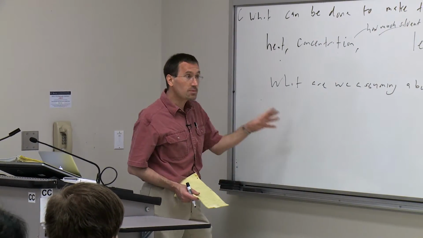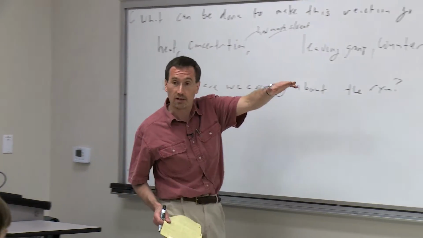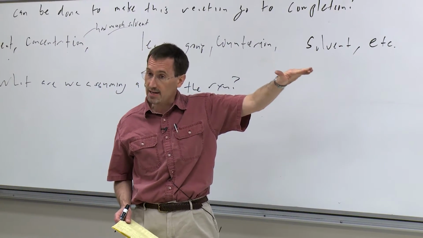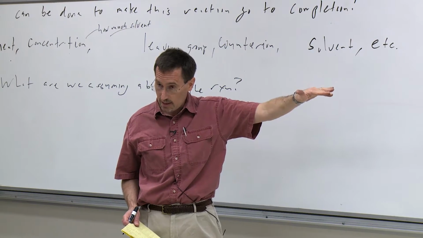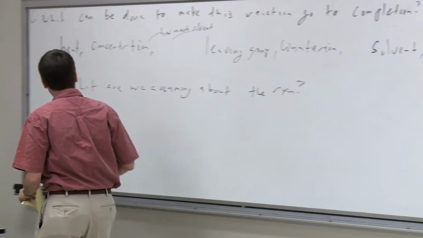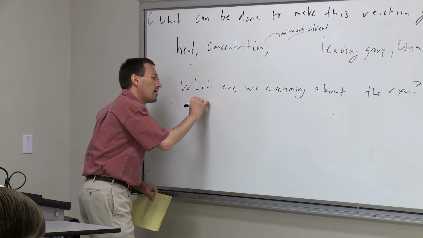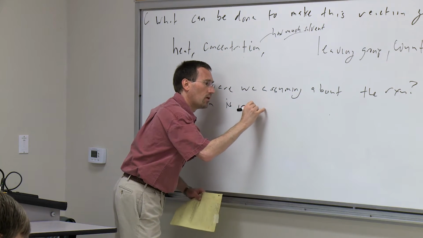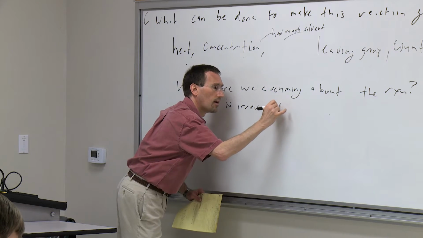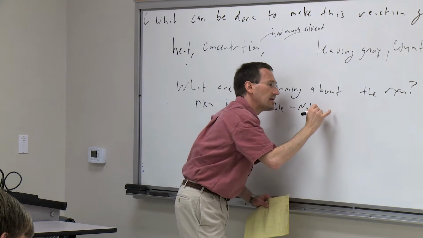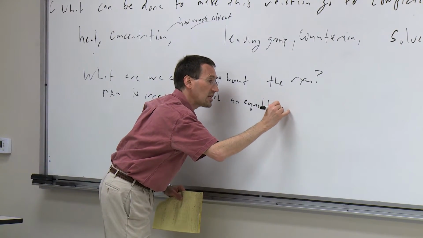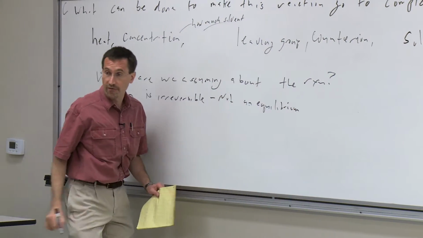So I guess my assumption here is, maybe there's nothing wrong with this TLC. Maybe this is as good as it gets. I'm kind of assuming that it's not an equilibrium, that the reaction is irreversible. If it's an equilibrium, there are some different issues here.